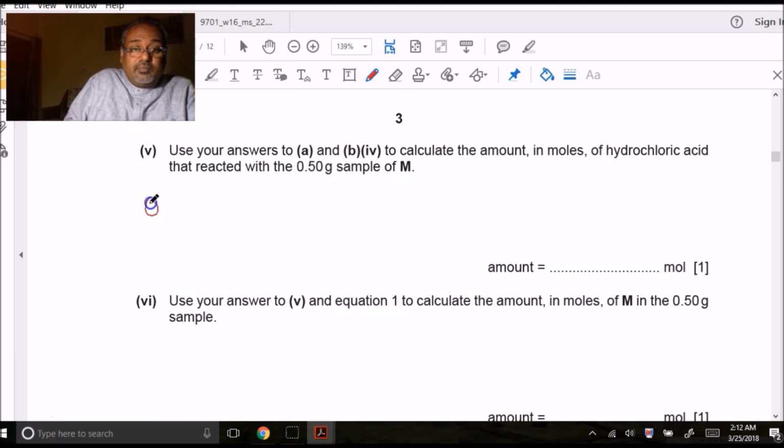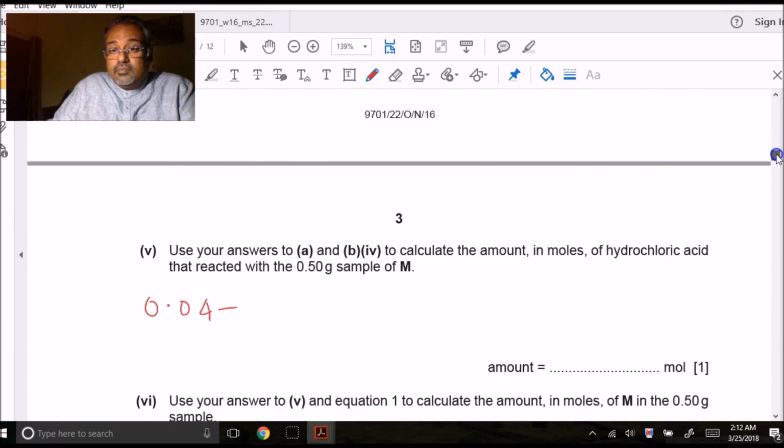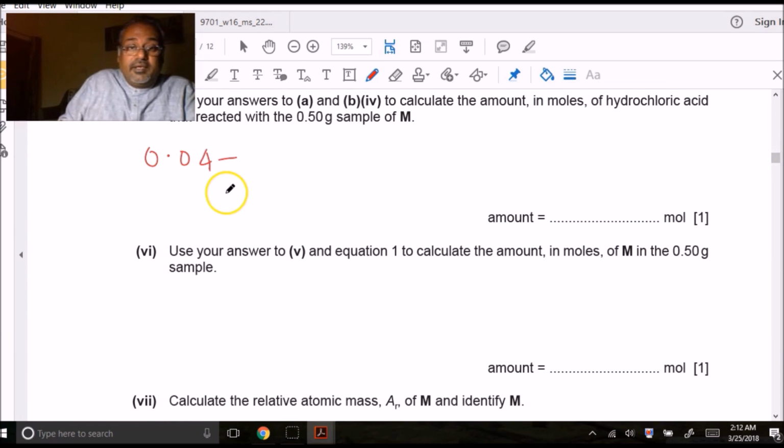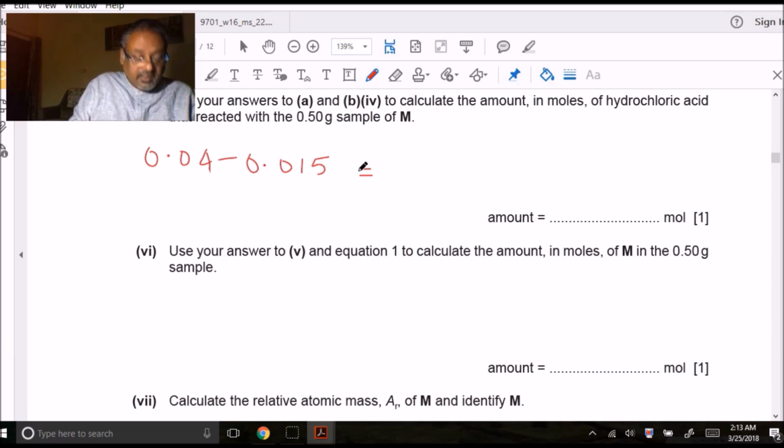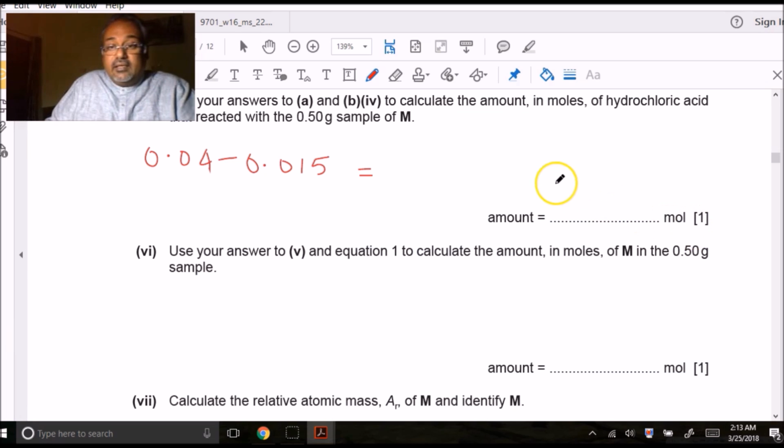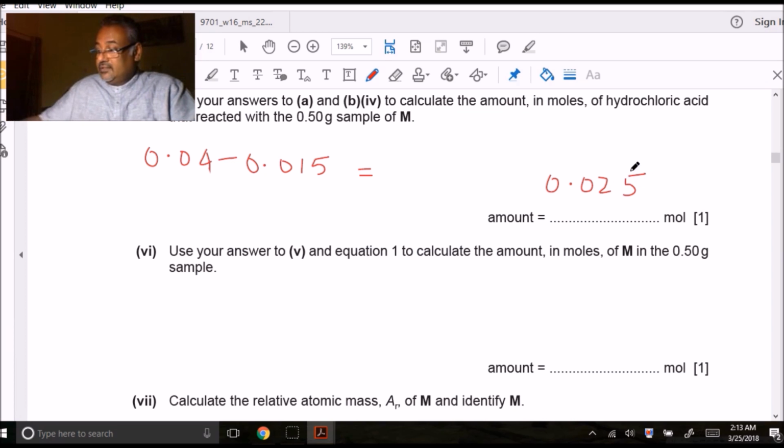So that's 0.04 minus 0.015, and that's how we get the answer as 0.025 moles. That's the answer there.